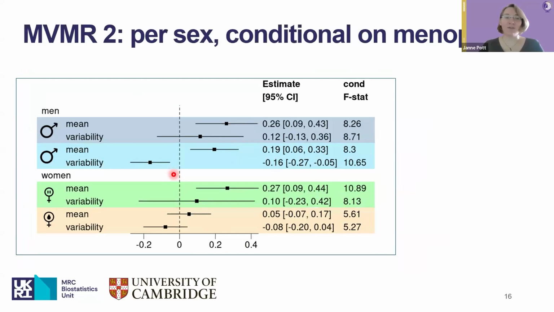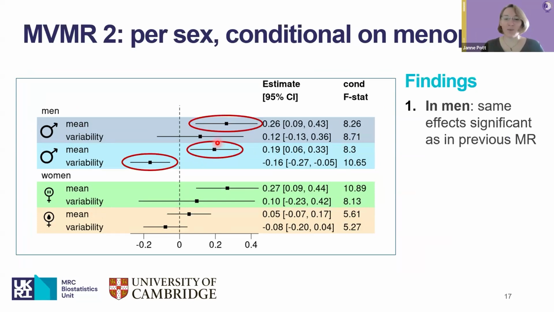I then went on to do a different approach. I combined the age groups again but kept the sexes separate. So I combined the 2 age groups for men and the 2 groups for women, and now tested if there's a conditional effect. So it's the effect of the mean or variability conditional on an age effect. And for the men, we don't see any changes. The effect sizes change a little bit, but we still find those 3 significant effects as before.